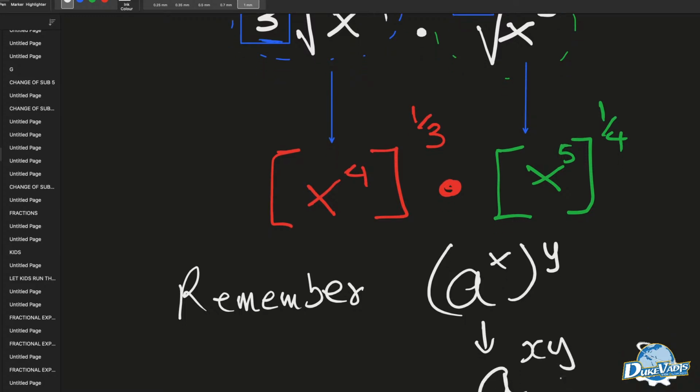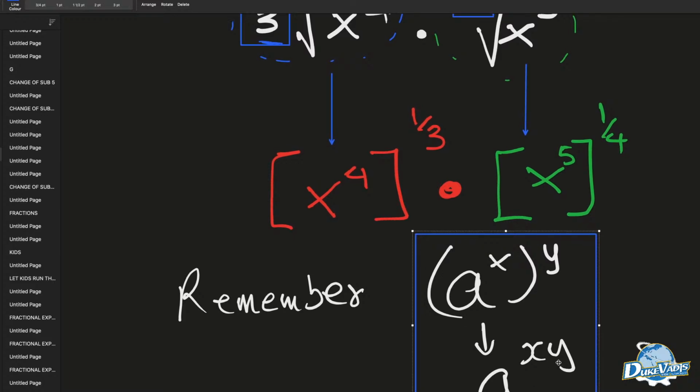This expression is what we are going to use to do our multiplication. So let's have a look at it. As you can see, a raised to the power x multiplied by y can be written as a to the power xy.